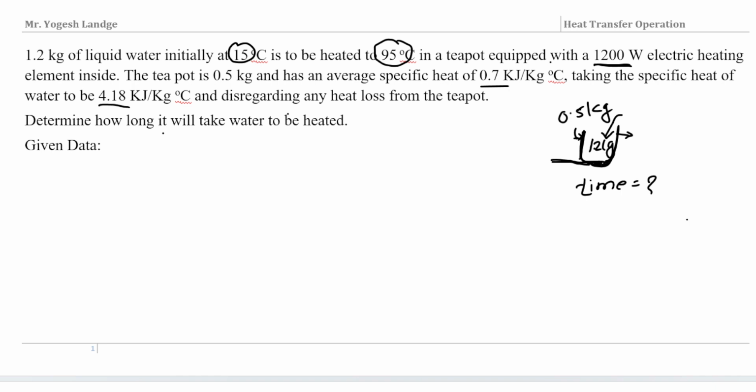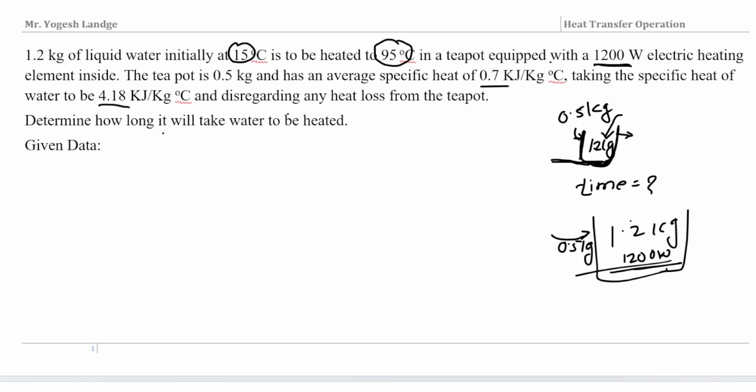It means we have a liquid of 1.2 kg poured into the pot, and this pot itself is 0.5 kg. We have the heater inside it.